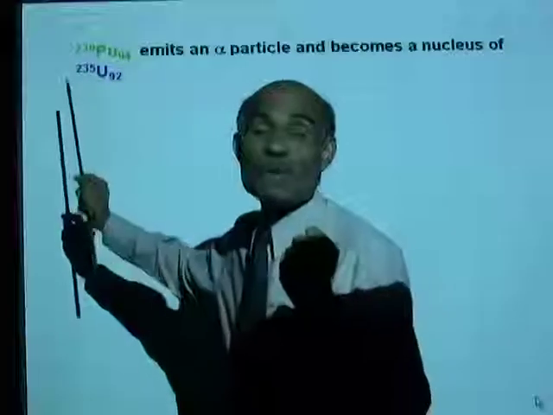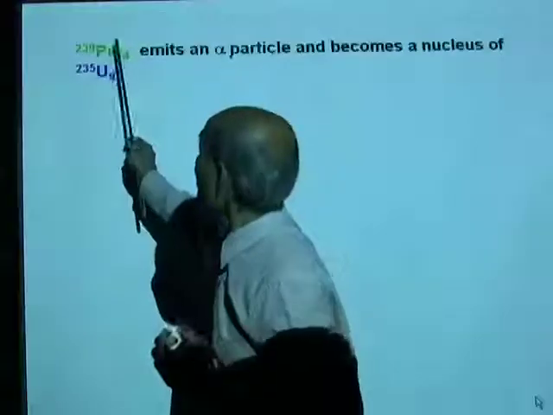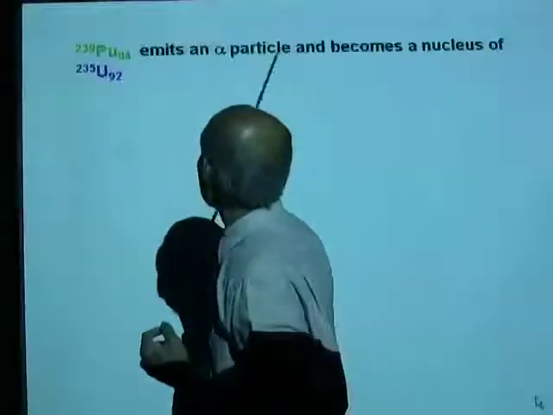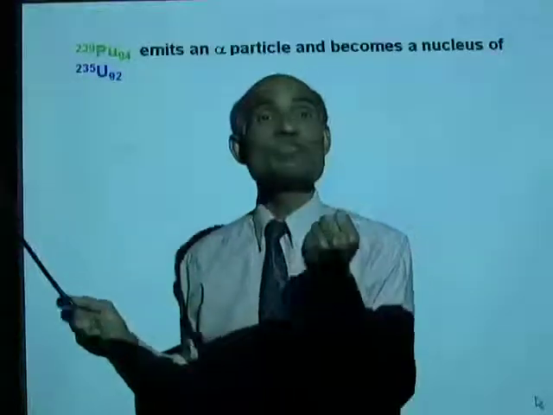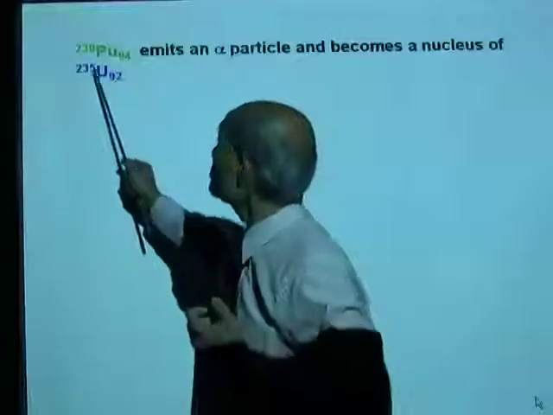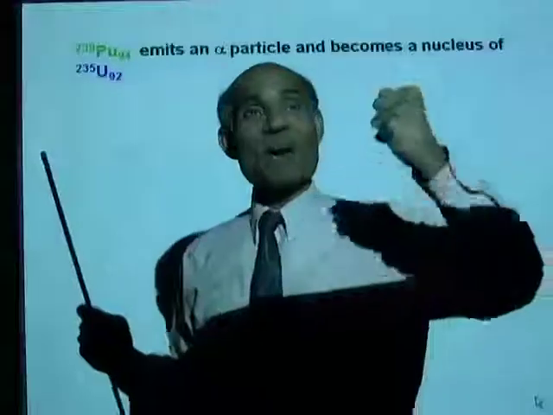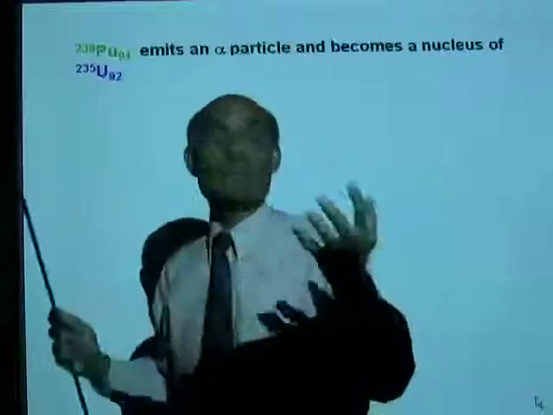That element is uranium. Uranium has an atomic number 92. So when plutonium-239 emits an alpha particle, what is left behind is the nucleus of uranium-235. You can see, as a result of the alpha emission, the plutonium element is transformed into uranium element.